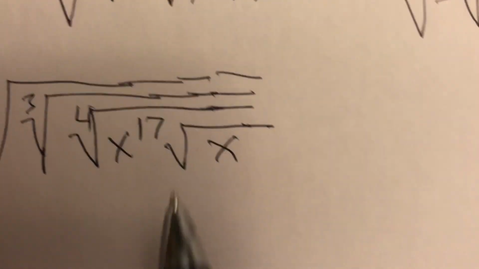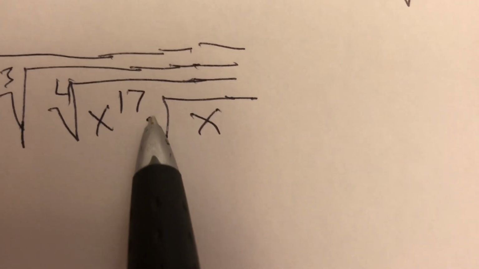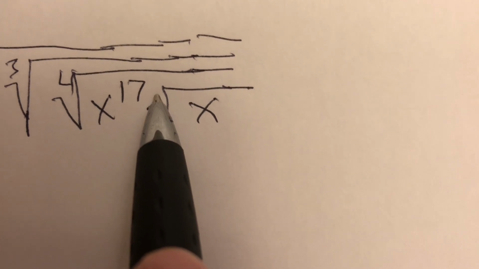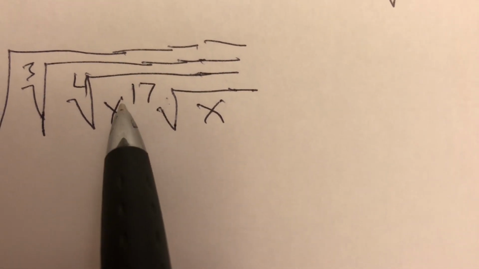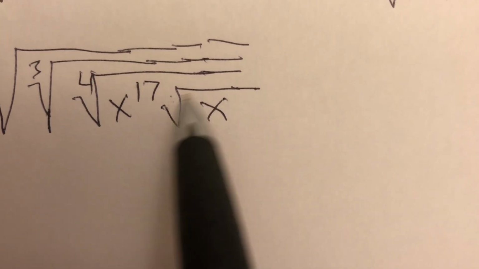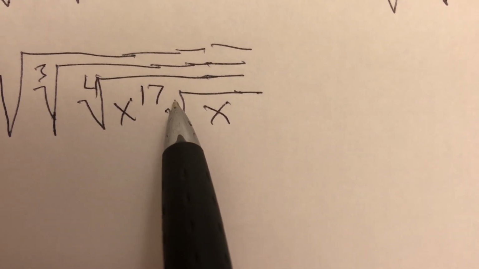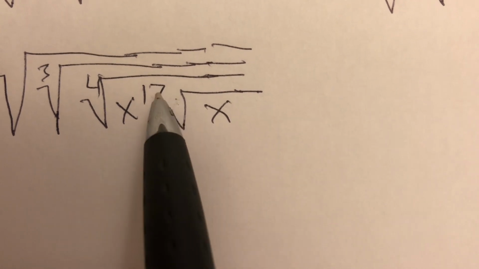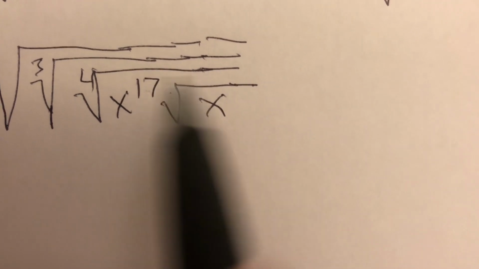And here is x. Now in the end I have a square root, right? The index is a 2 in this case. And this x to the 17 I want to put inside this radical. What I'm going to do is multiply the index by the power here. 2 times 17 is 34.